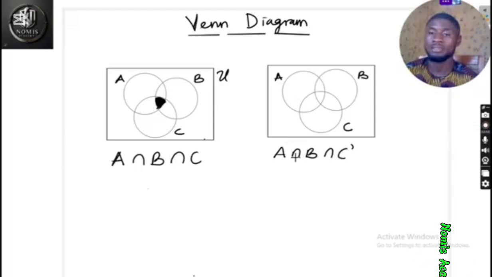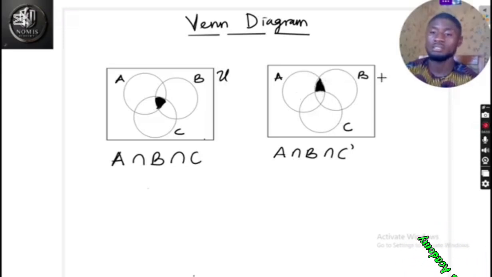So where do we have common elements of A and B, and C is not involved? So A and B. This particular area will be shaded, not extending to any other part. This is where we have A intersect B intersect C complement. So we can say that C entirely is not included in this diagram.